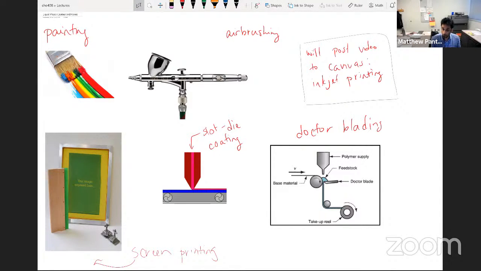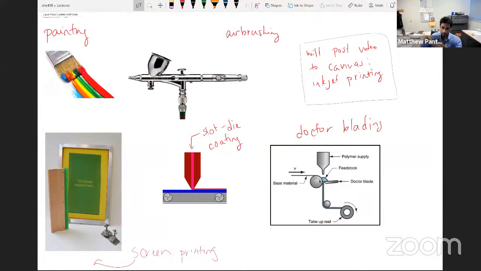If you want to make a polymer film on something, the middle bottom is an illustration of a technique called slot die coating. This is a technique where you can put in a solution of polymer and pump it into a thin orifice. This die, where the fluid is going in and coating the surface, can either stay stationary, or it can move, or the substrate can move, as illustrated here.